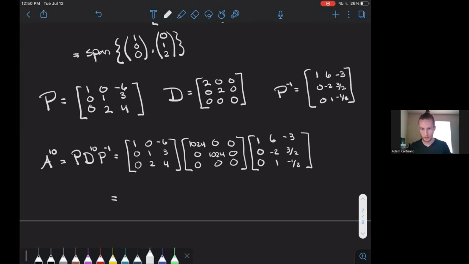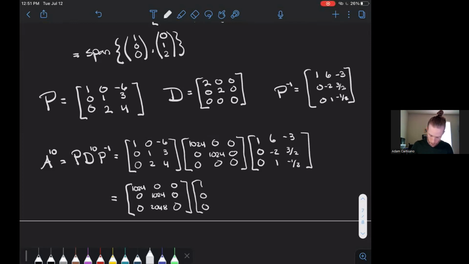I guess we just go and do the matrix multiplication. The first two matrices I think are going to be easier to multiply, so let's just do them. 1024, 0, 0, 0, 1024, 2048, 0, 0, 0, times 1, 0, 0, 6, negative 2, 1, negative 3, 3/2, negative 1/2.